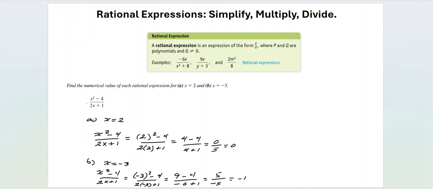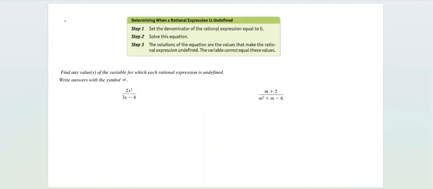So this is what finding the numerical value of the rational expression means. Now, the second important skill here is to find for what values of the variable the expression is undefined. So what is the procedure? Well, the first step is to set the denominator of the rational expression equal to 0.